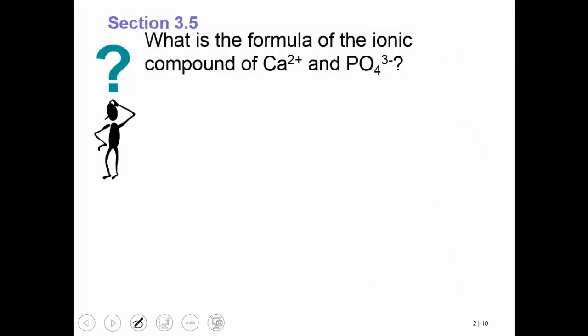Now the swap, drop, and reduce rule, this one is dealing with what is called a polyatomic ion, which we're going to get to in a little bit. But polyatomic ions mean many atoms. The phosphorus is with 4 oxygens, and this -3 charge is over the whole package.